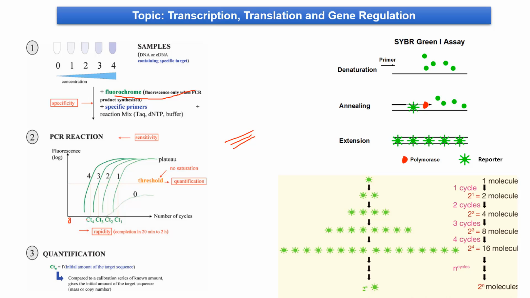So closer to the origin will mean fewer cycles, and the starting sample, or the starting template, was more in that sample. That is why it could cross the threshold value earlier.